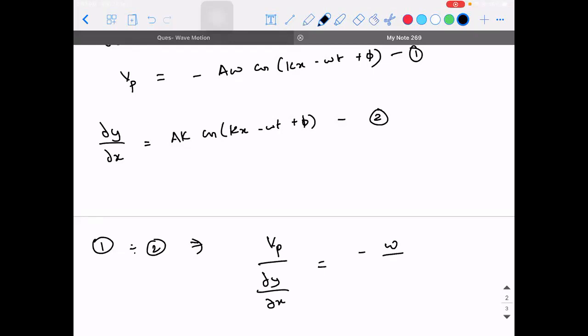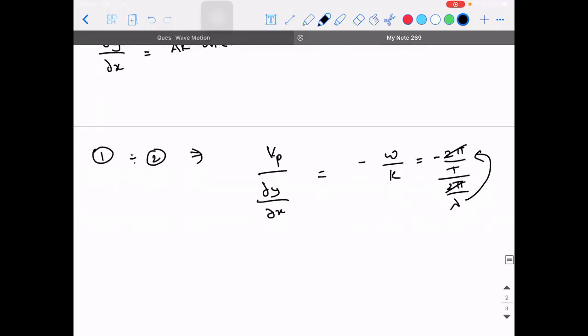So what am I left with? I'm left with omega by k. Omega is 2 pi by capital T and k is 2 pi by lambda. 2 pi gets cancelled. Lambda goes to the numerator. So the velocity of the particle is equal to negative of lambda by T into dou y by dou x.